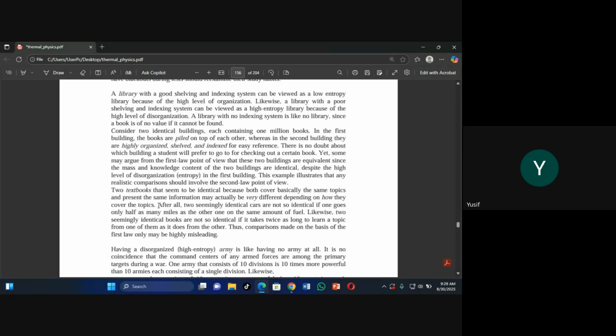Okay, and when we talk about that, we also talk about it in terms of entropy. So the one that seems to be easy to understand has a very low entropy as compared to the one that has more information but is not well organized. So it even applies to some of your exams.